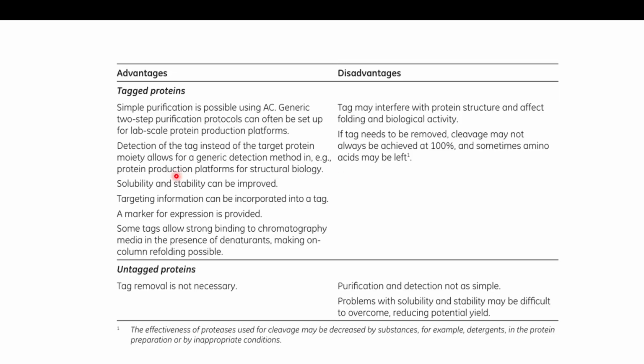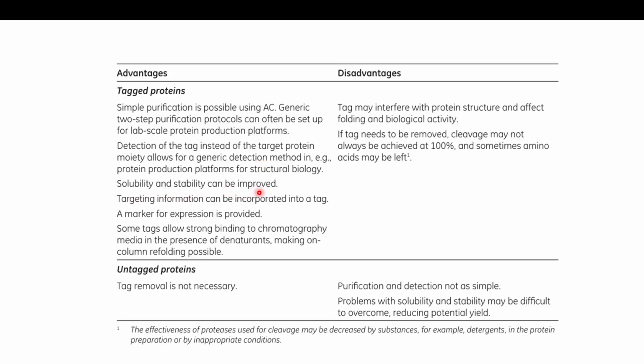Okay. So there can be advantages and disadvantages as well. For tagged proteins, there can be many advantages. It is a simple purification, and detection of the tag instead of the target protein allows for a generic detection method.